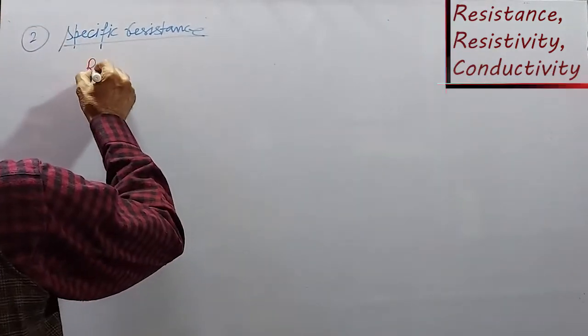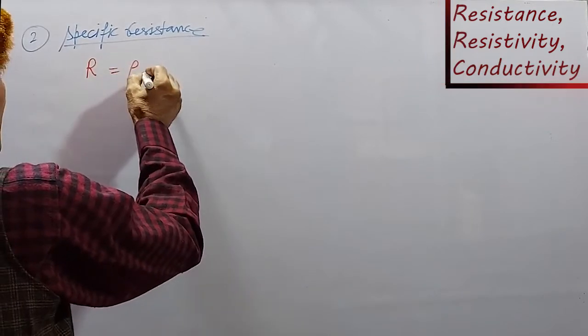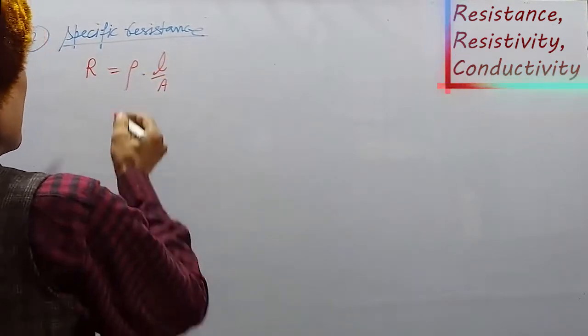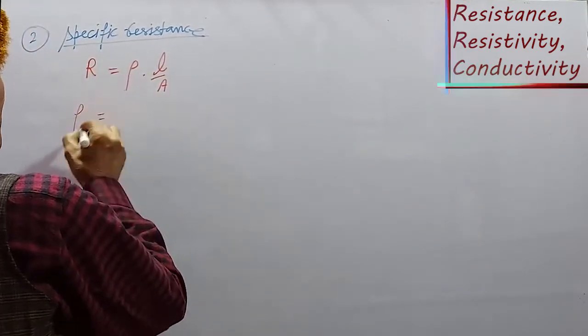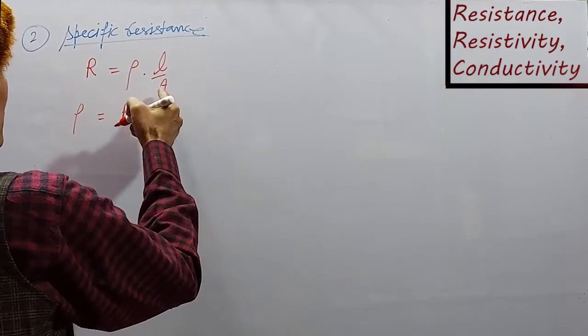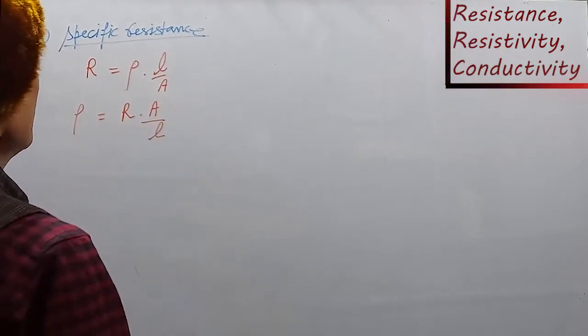Resistance of a conductor equals specific resistance into L by A, cell constant. This specific resistance equals resistance into A, area of cross section, divided by L.